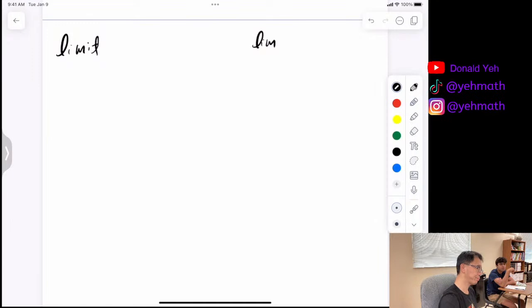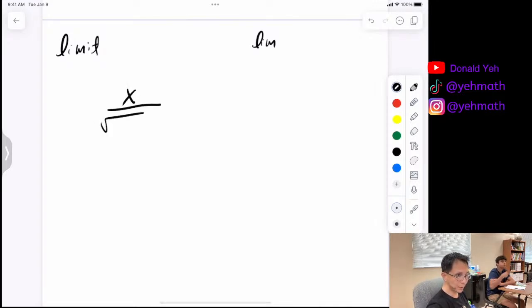So, let's start understanding why we use limits. We're going to start with limits numerically. That's the thing you've got to be able to see. So we're going to start with this equation: x over the square root of x plus 1, minus 1.